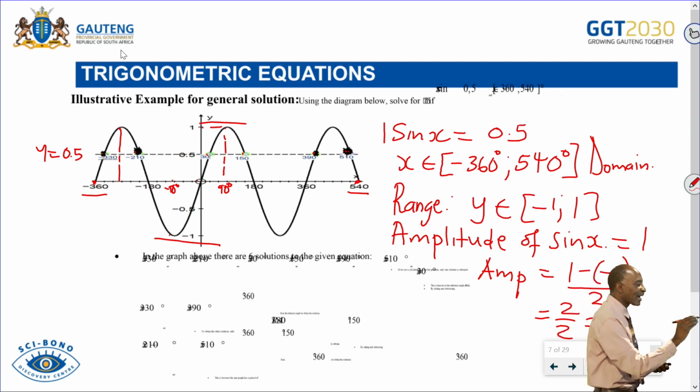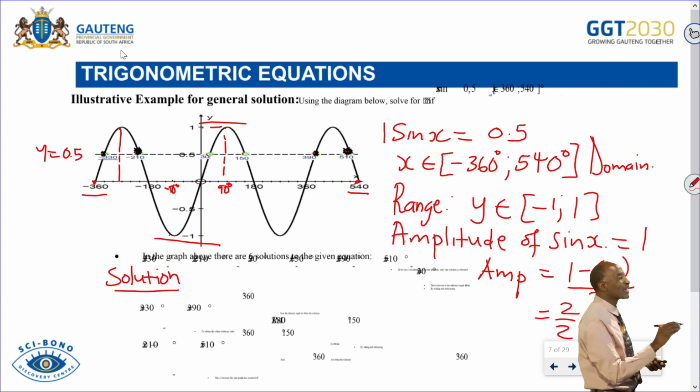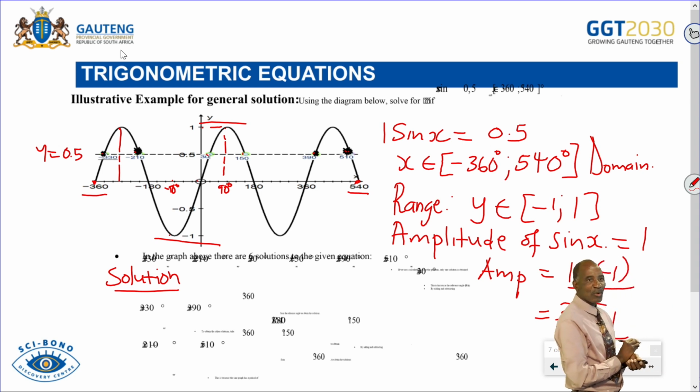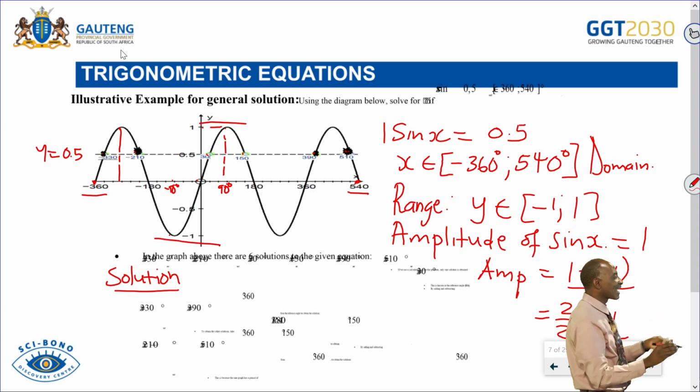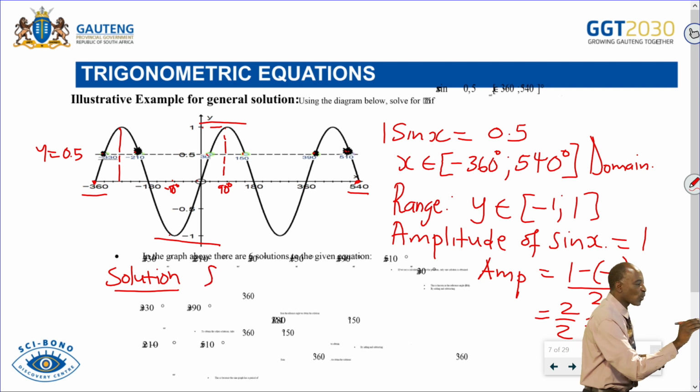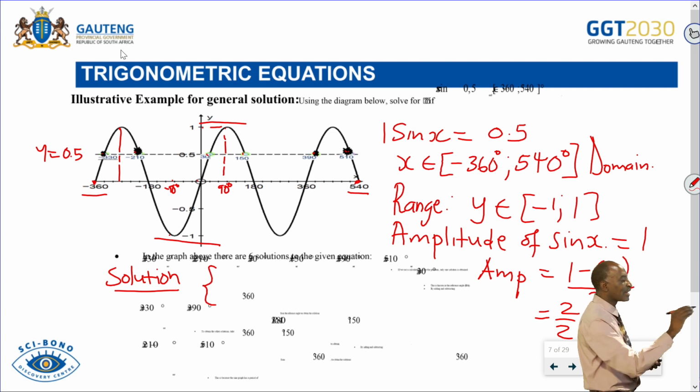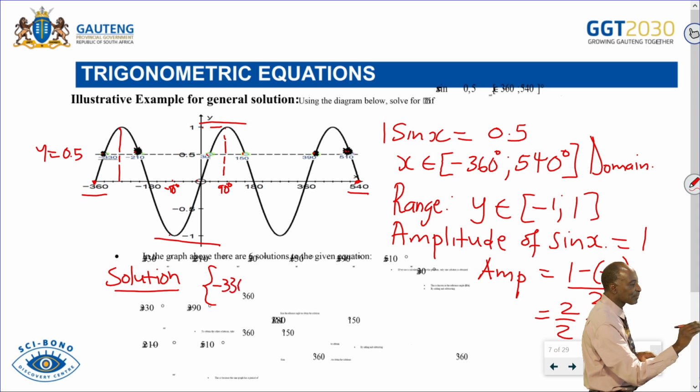So in the interval, using the graph paper, we literally read the answers from the graph. We collect our answers using the curly bracket. They met at negative 330 degrees. That's where they met. They met again at negative 210 degrees.